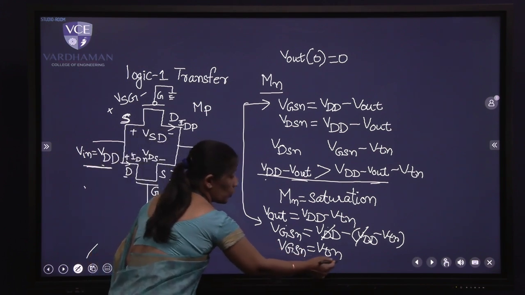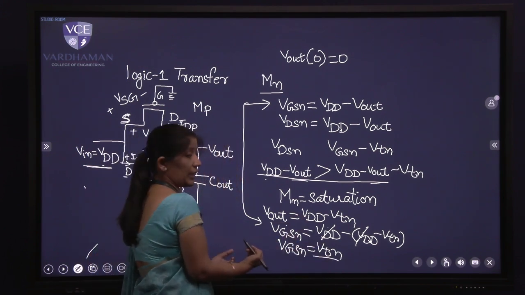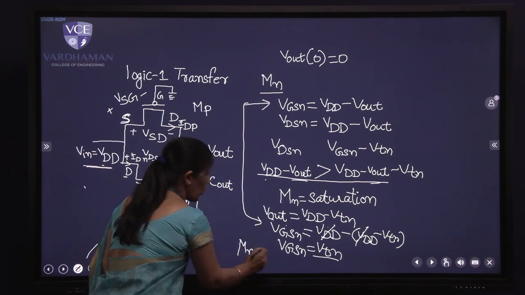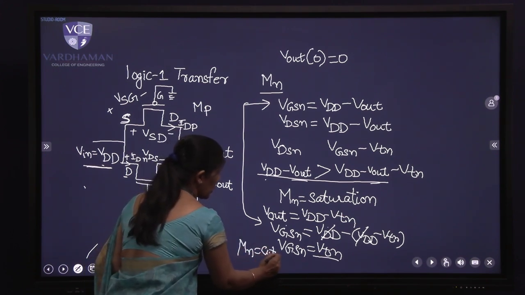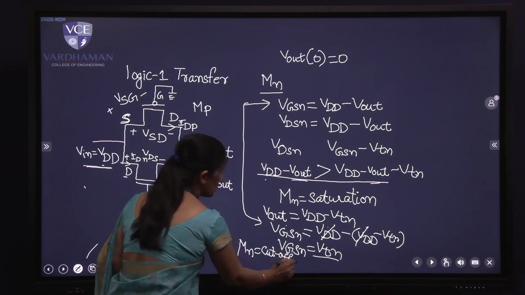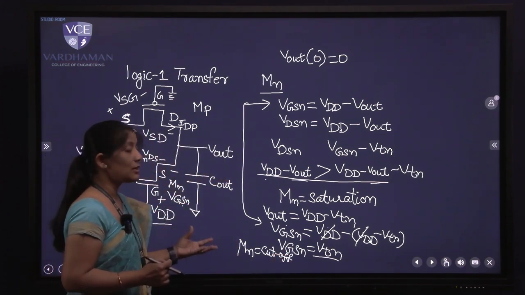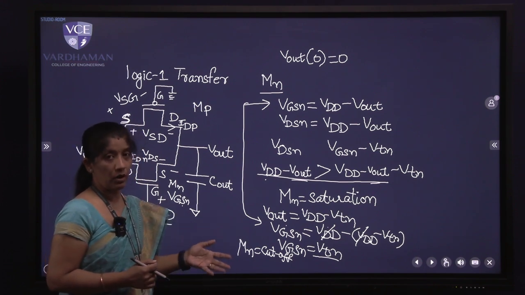If your gate to source voltage goes below the VTN voltage, your transistor goes into the cutoff region, because unless my gate to source voltage crosses the threshold voltage of my transistor, I can't say that my transistor is in on mode.